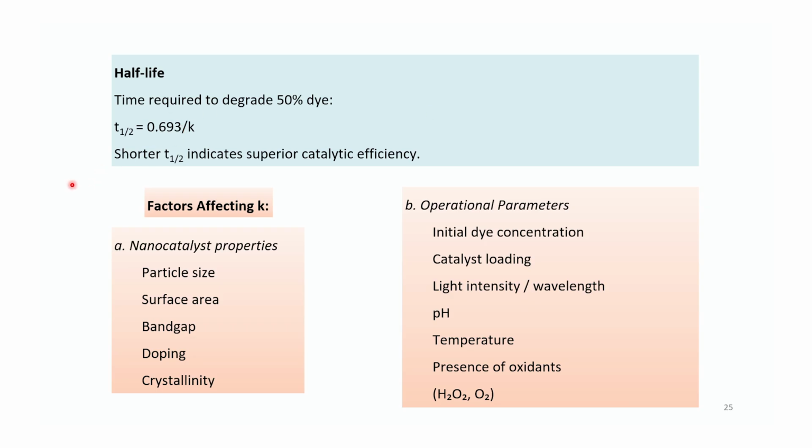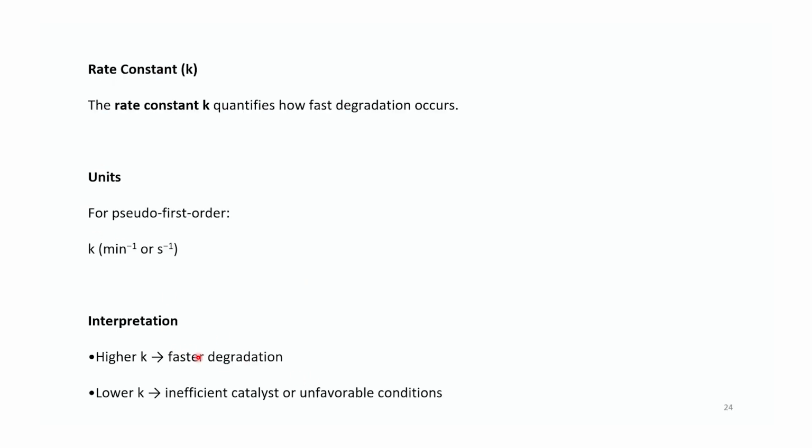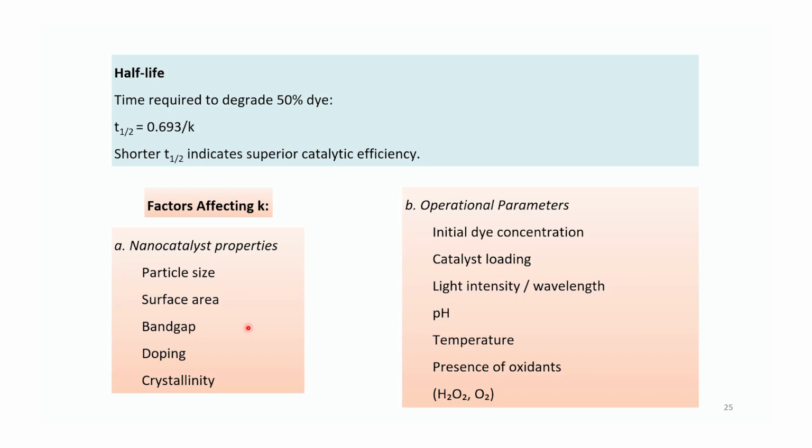As you know, higher k means faster degradation and lower k means an inefficient catalyst. So the higher the value of k, the shorter the half-life. Faster degradation means a shorter half-life of the dye that you are trying to remove.